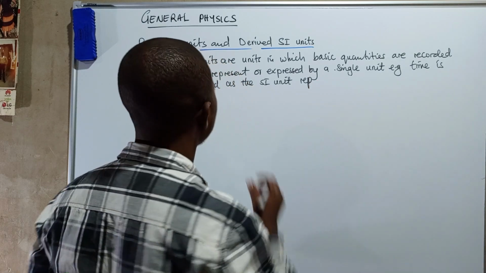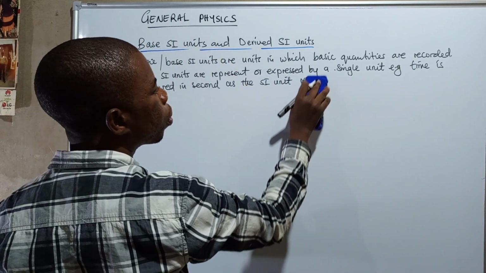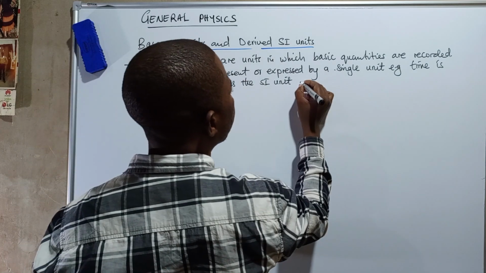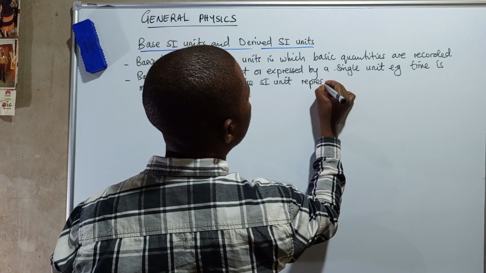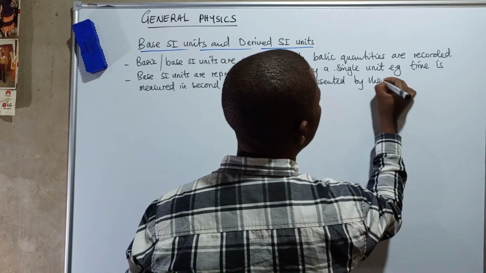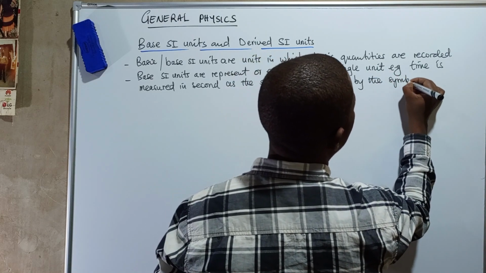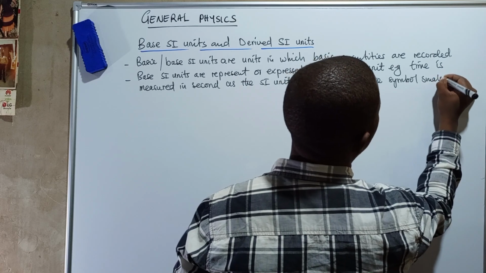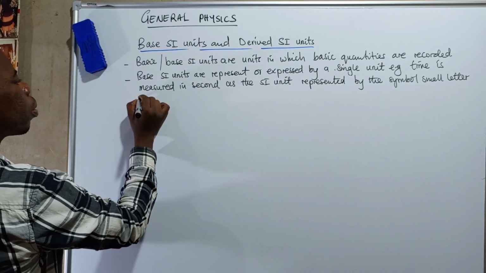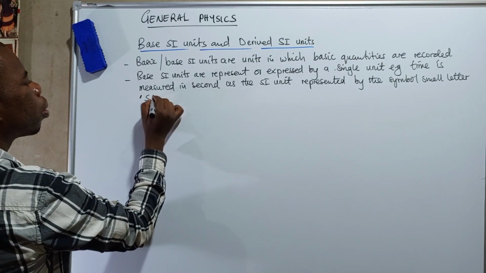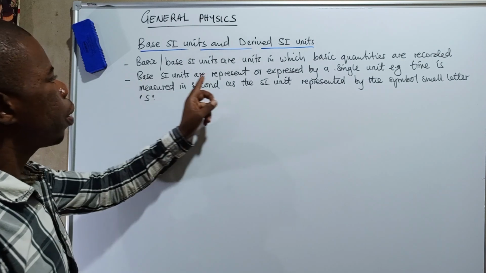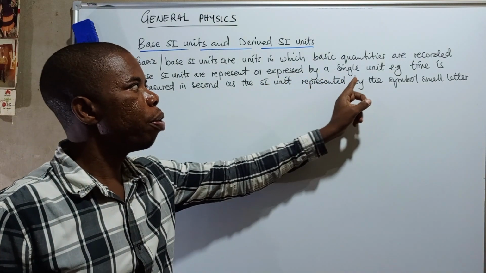sorry, I think I have to clean this one. Represented by the symbol small letter s, like that. So you see, this is what we mean when we say base SI units are represented or expressed by a single unit.